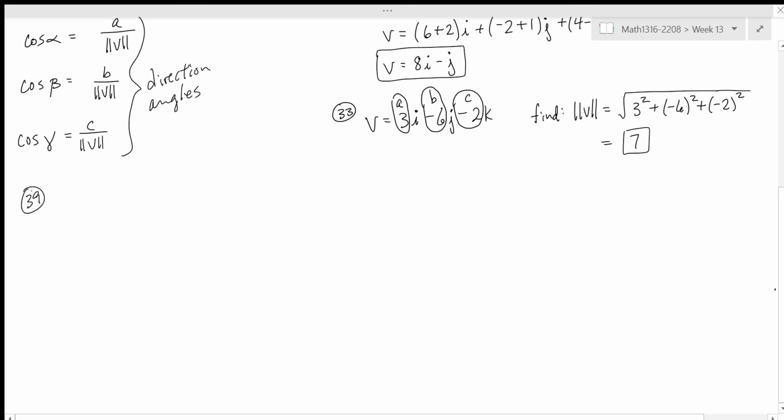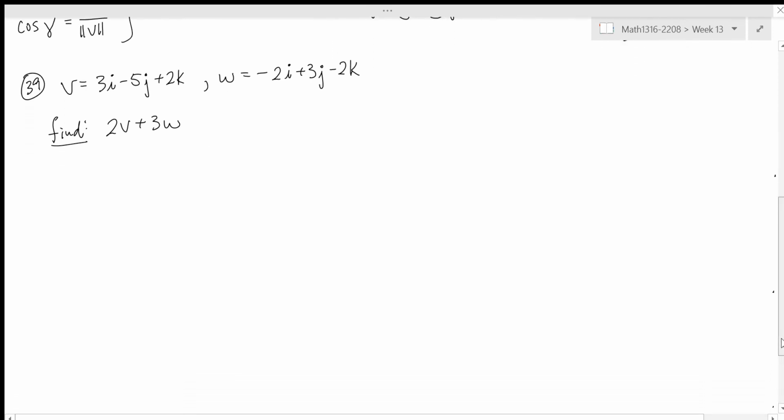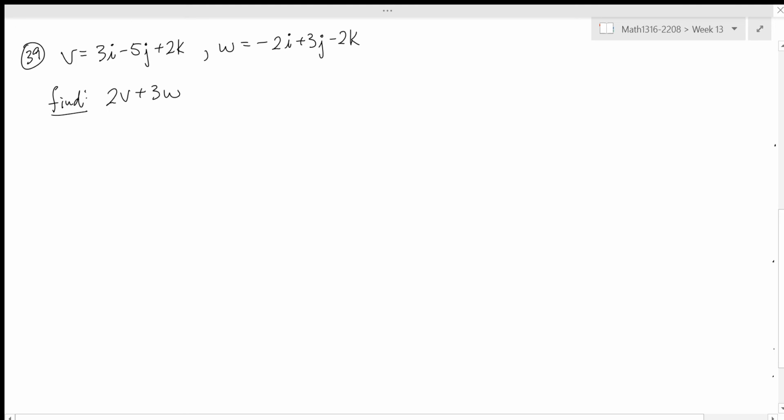39. And for 39, we've got a couple of vectors. Vector v, 3, negative 5, and 2. And we've got vector w, negative 2, 3, negative 2. And for number 39, it says find 2v plus 3w.